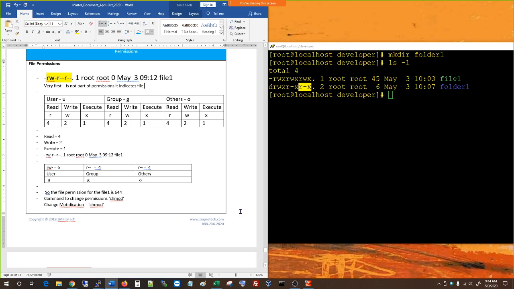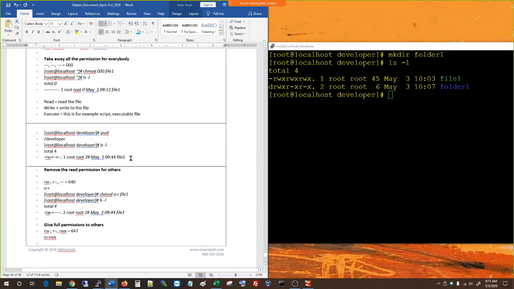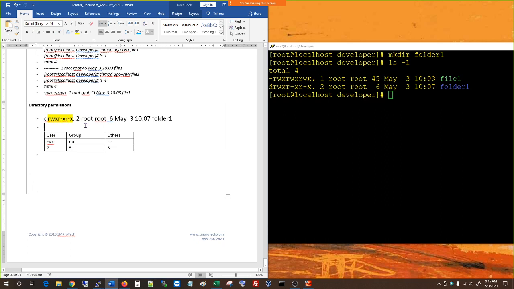The very first hyphen is not part of the permission. It indicates the file here. Hopefully that makes sense. I'm going to put that down here also.